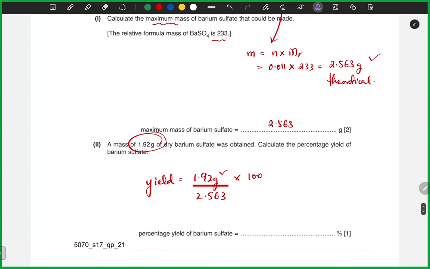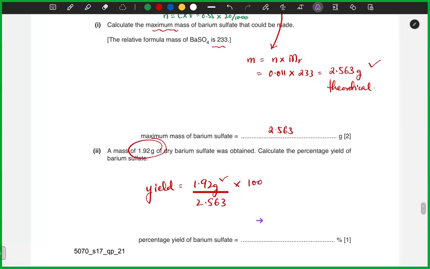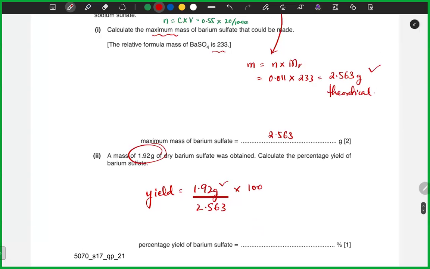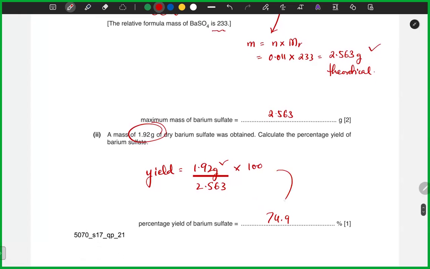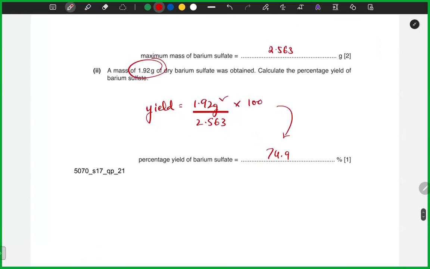So calculate: it's 1.92 divided by 2.563. That was wrong, 2.563. So I'm getting 74.9%. That's the yield I'm getting. Okay, the answer to this is this.